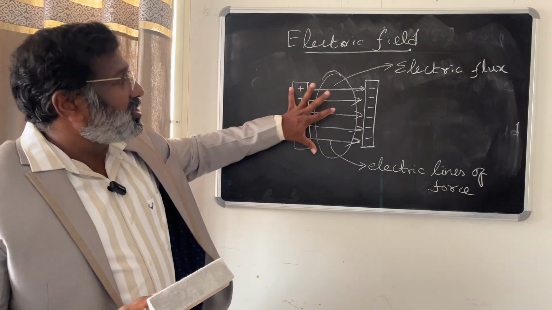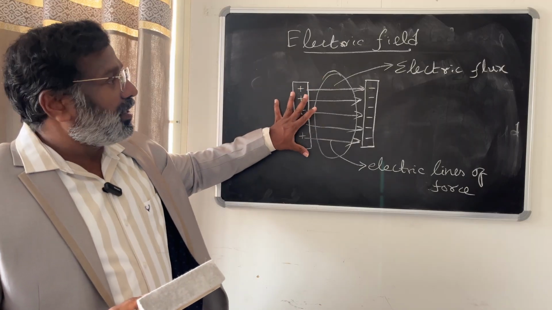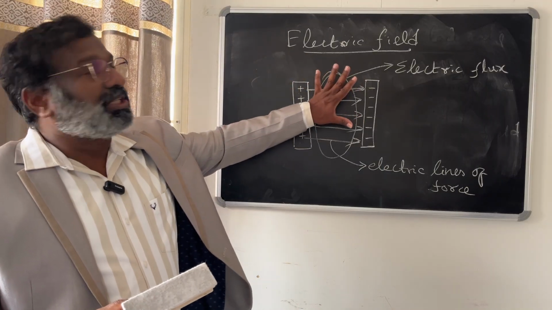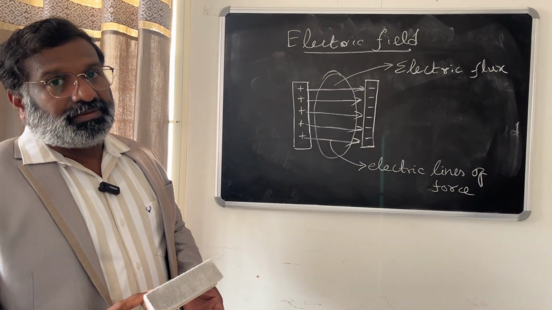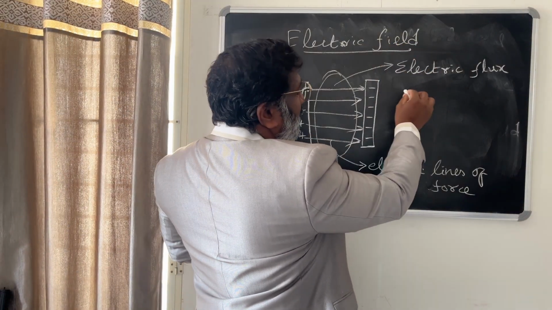So the space surrounding the charged body where electric flux exists is called the electric field. Clear? So what is the electric field?